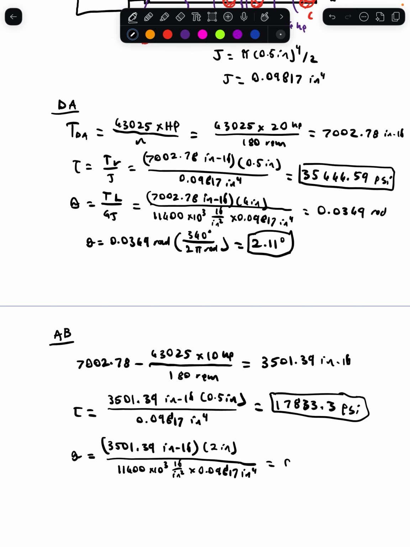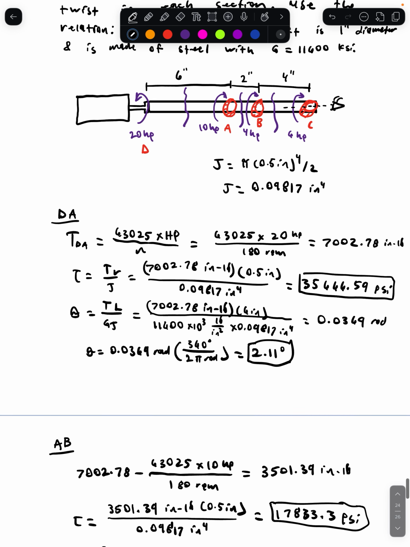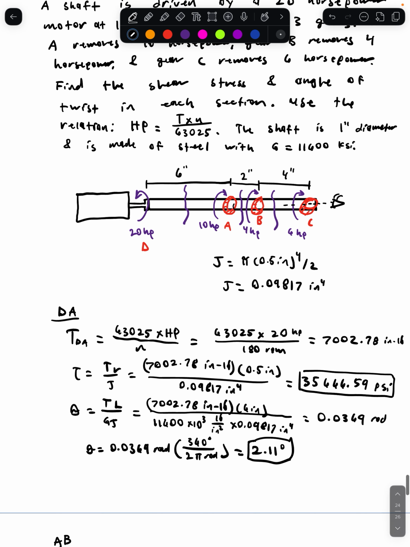It's going to be 0.00615 radians, which is going to be 0.35 degrees. Now that's a lot less than half of this, but we have a much shorter section here, so that makes sense.